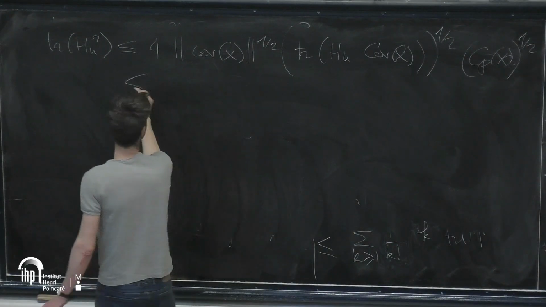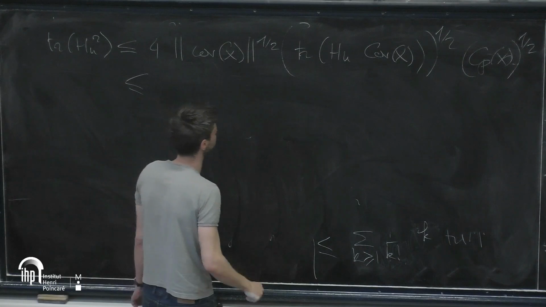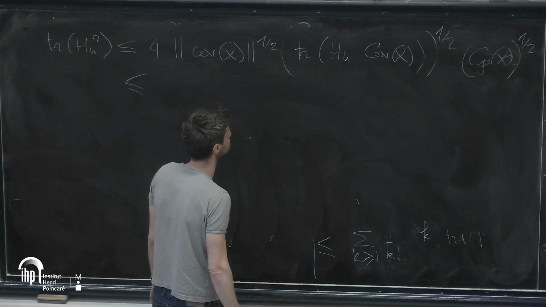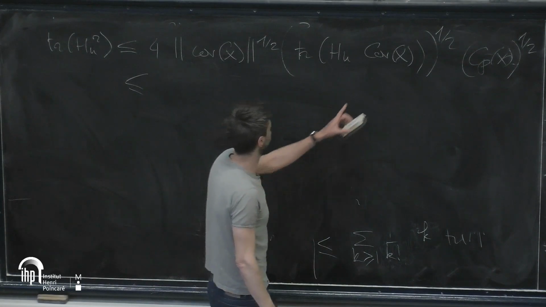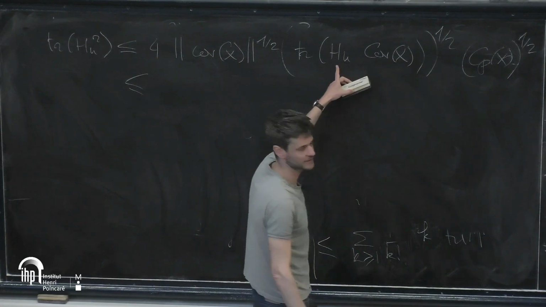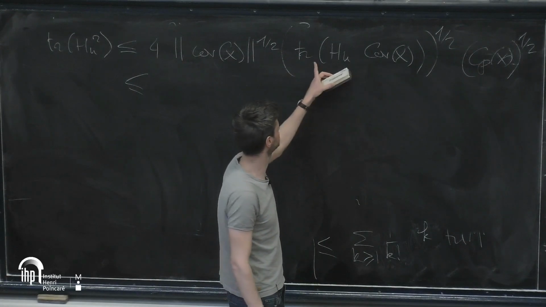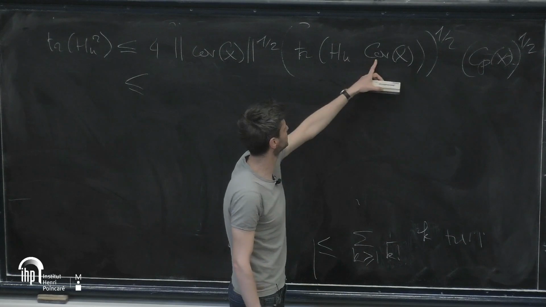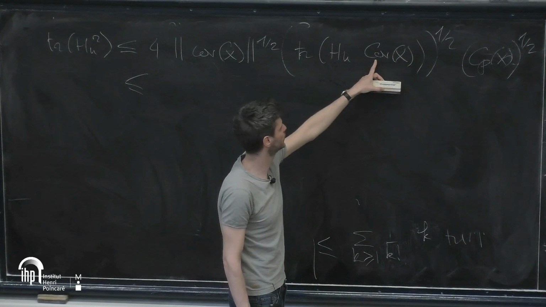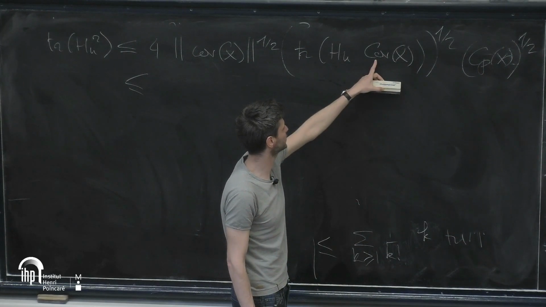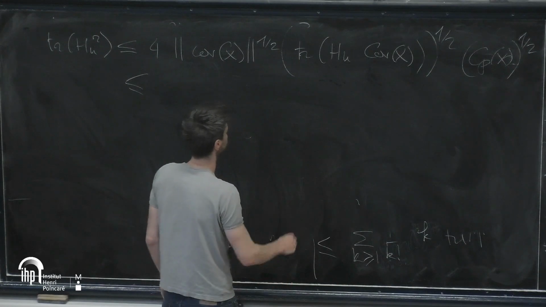So this is less than, this trace, I will upper bound by the trace of H times the operator norm of the covariance.